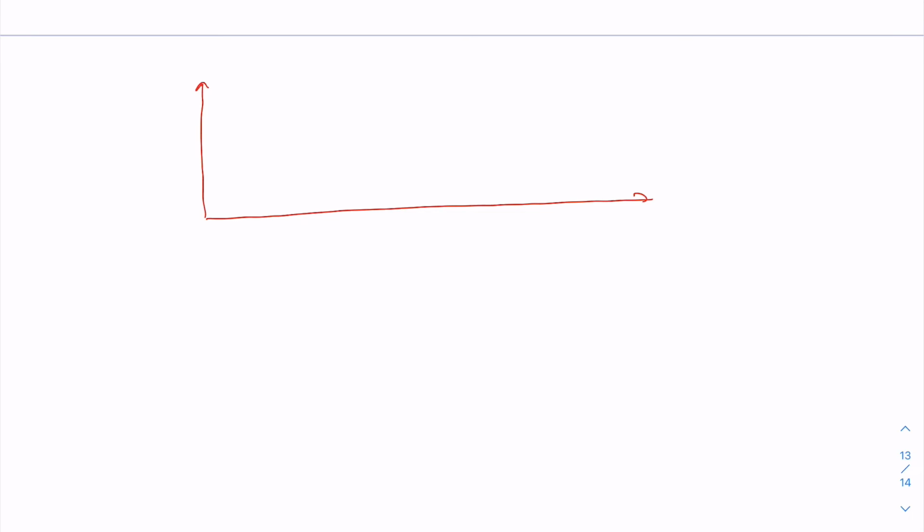So on the y-axis they plotted the transmitted intensity of the signal or the beam, and it was plotted as a function of the frequency of the weak oscillating microwave drive.